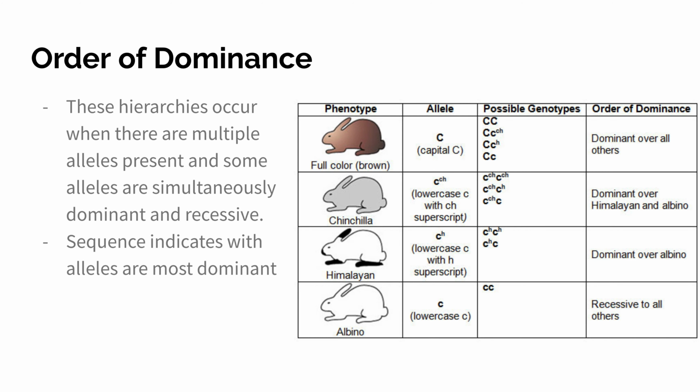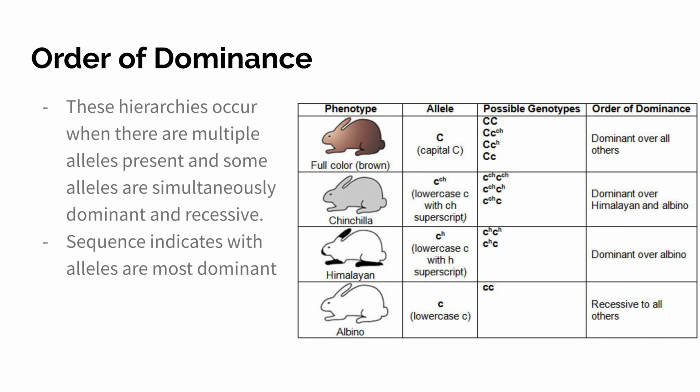Some other types of inheritance patterns, you can have order of dominance. This is when you have multiple different alleles and you have one allele that is completely dominant and one allele that's completely recessive, but then the other ones fit somewhere in between. A classic example of this is rabbit fur color. A brown fur color will be dominant to all other types. The pattern that we call chinchilla, which is kind of gray, is recessive to brown, but is dominant over albino and Himalayan.